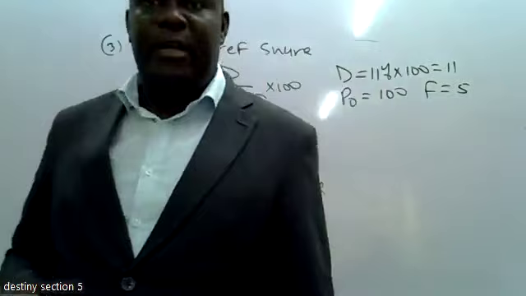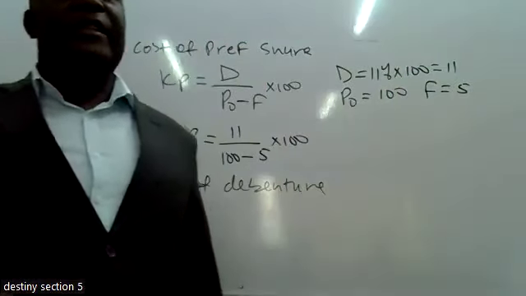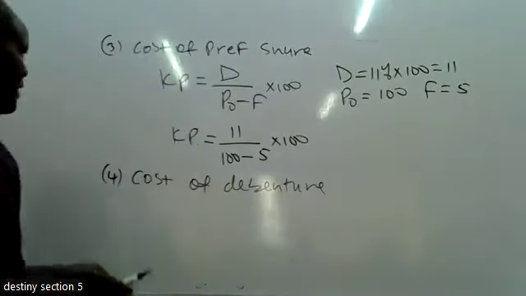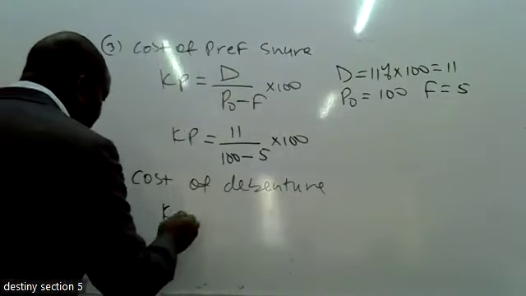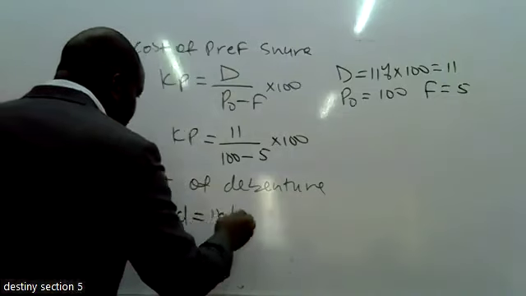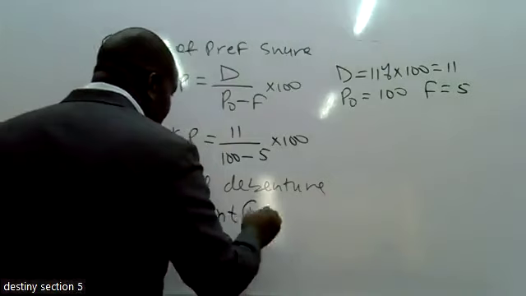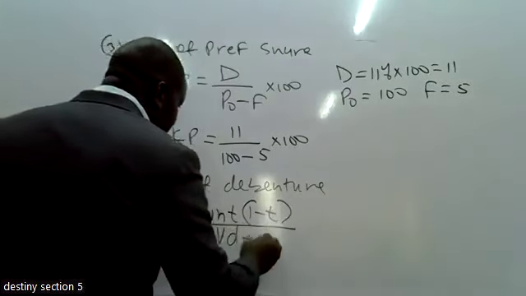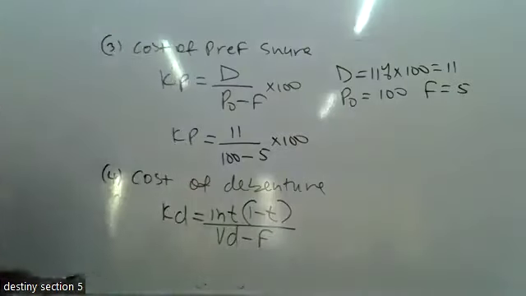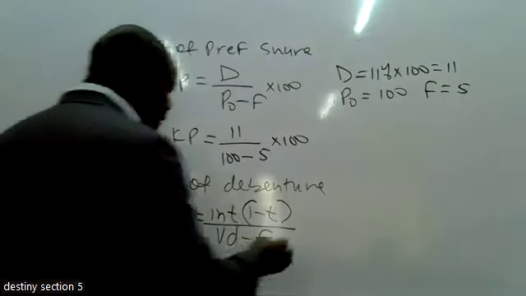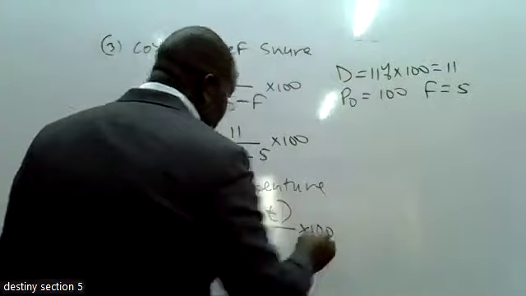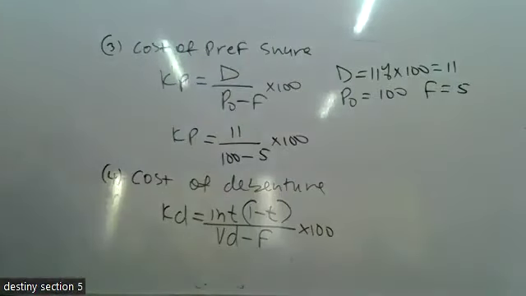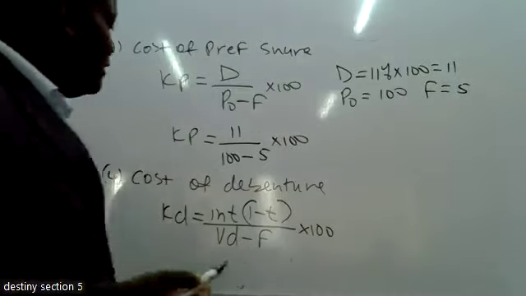When there is no maturity period, it means it is irredeemable. So KD will be equal to interest times (1 minus tax) divided by the current value of the debenture minus the flotation cost. Express it as a percentage.